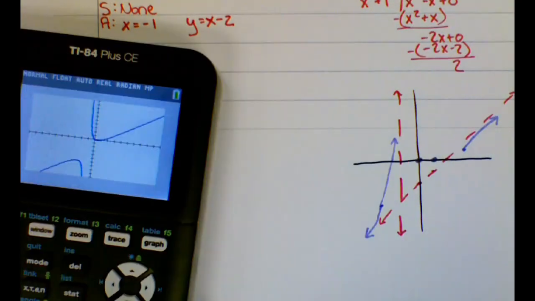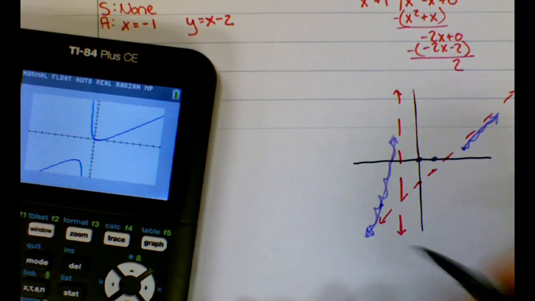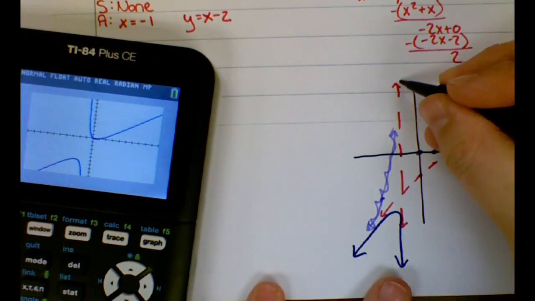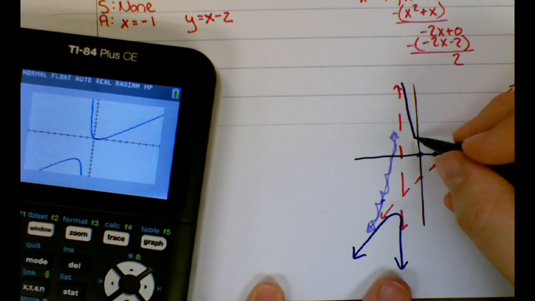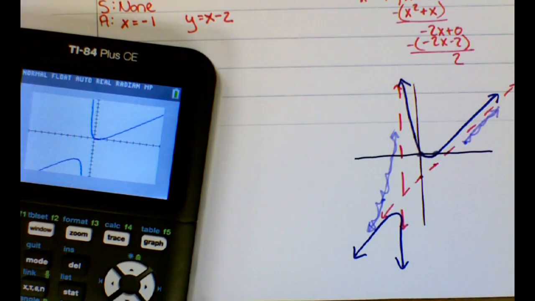All right, ignore the purple graph then. My graph actually goes like this. A little there. There we go. All right, I did my math wrong somewhere in here. My bad. Okay.